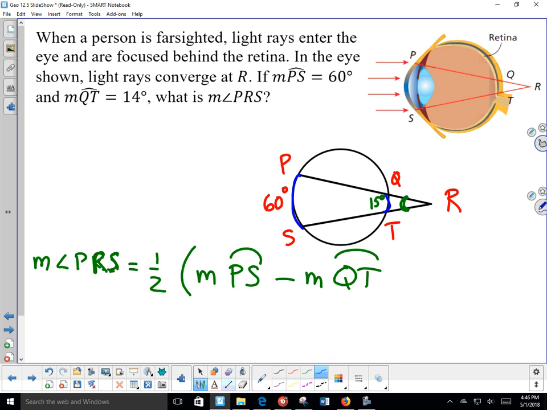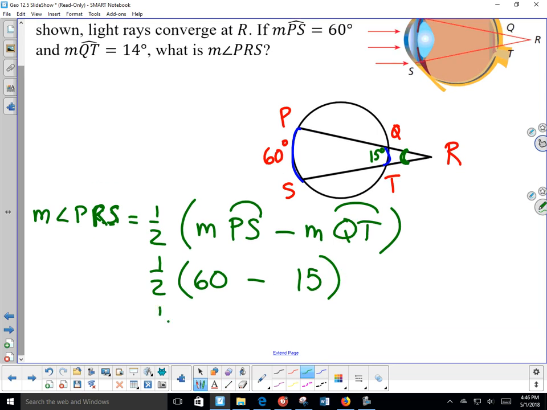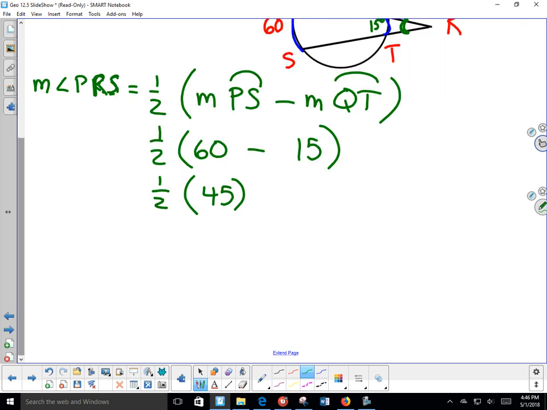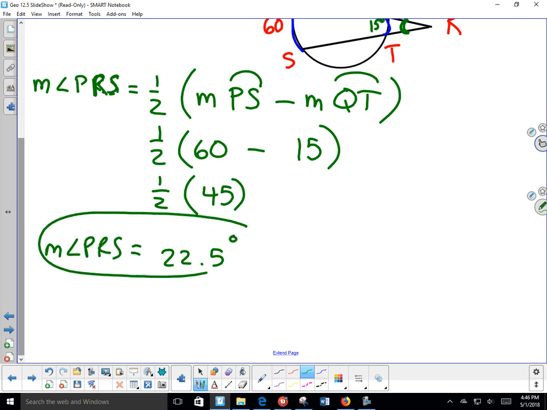So in this case, I want 1/2 of PS is 60, QT is 15, so I need 1/2 of 60 minus 15 is 45, so half of that would be 22.5. So the measure of angle PRS is going to be 22.5 degrees.